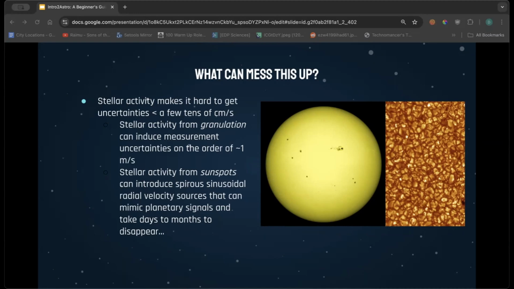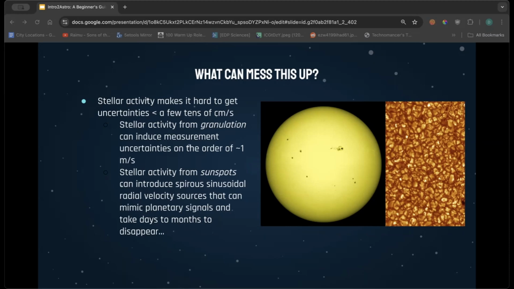The other type of variability is called star spots. Star spots are dim parts of the star that rotate around with the surface of the star. They can exist for days or weeks or sometimes months. But the important thing is that these star spots can cause periodic signals in your radial velocity measurements that look an awful lot like planets.